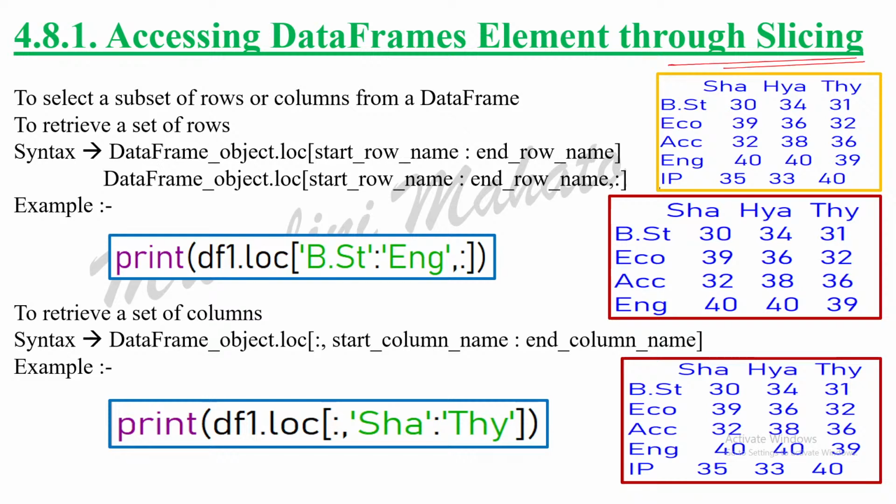Accessing data frame through alignments, we have seen which one? Indexing. Okay, and indexing has Boolean index, label index. These two we have completed.